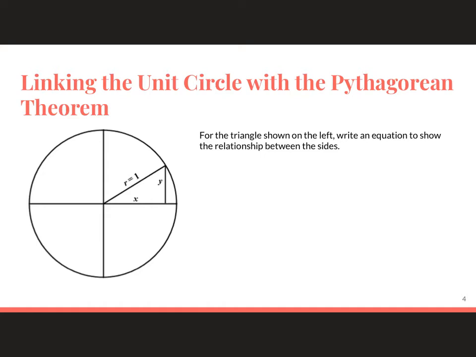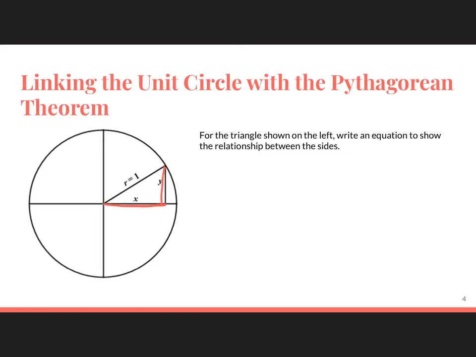So let's say that I have my unit circle right over here. If I were to draw any radius from the center to a point on the circle, that length is going to be 1 because my radius is 1. And so if I were to draw that radius, I know that I'm moving x directions to the right and y directions up and down.